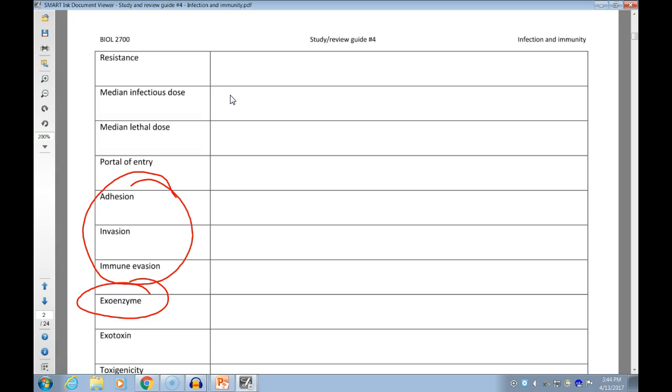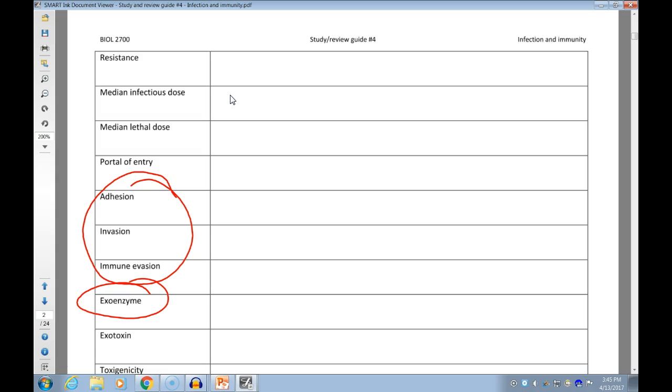Exoenzymes. I'm not going to ask you which of the following is an exoenzyme and provide you with answers like protease, hyaluronidase, coagulase. Well, they're all exoenzymes. It's going to be more about the mechanism. Does that make sense? So you don't have to memorize a load of examples.